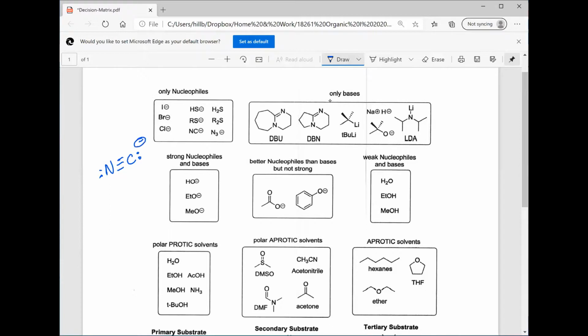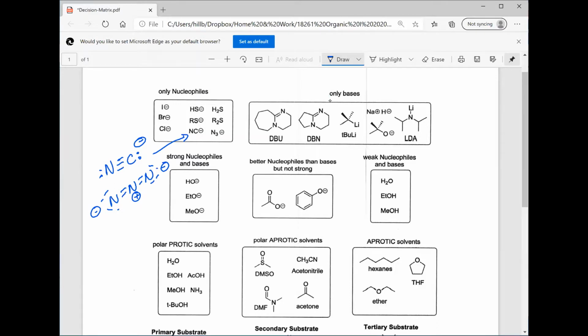These types of things. So the cyano group or the azide, one of the things which makes these good nucleophiles is that they're linear.